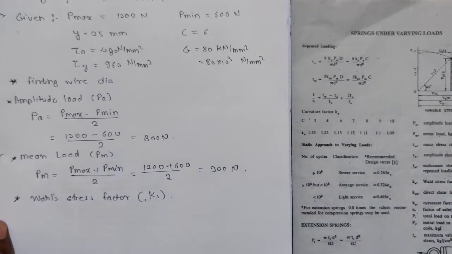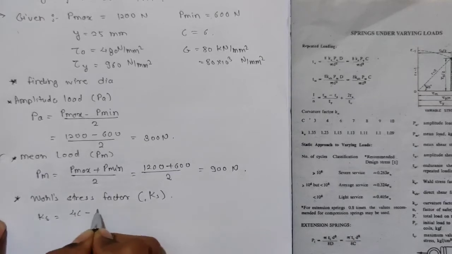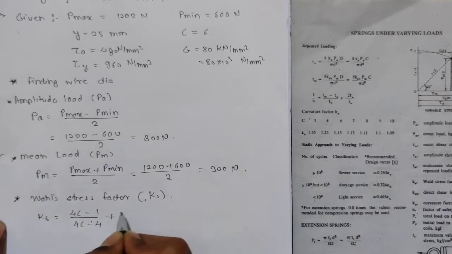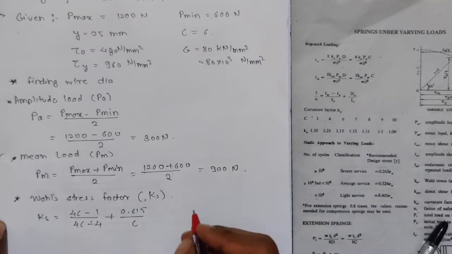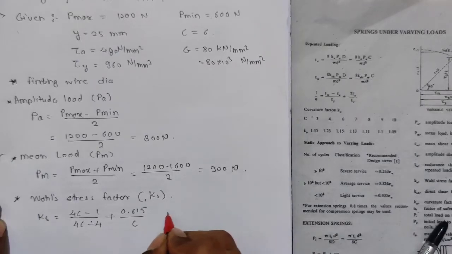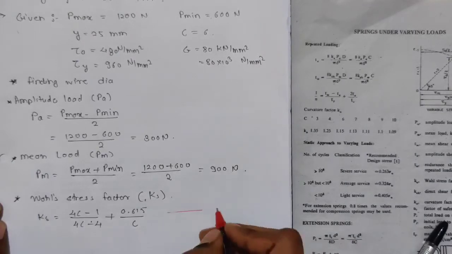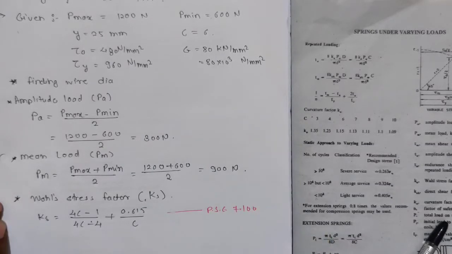So the wall stress factor Ks is given as 4c minus 1 upon 4c minus 4 plus 0.615 divided by c. As you have seen in the last video, it is on PSG 7.100.